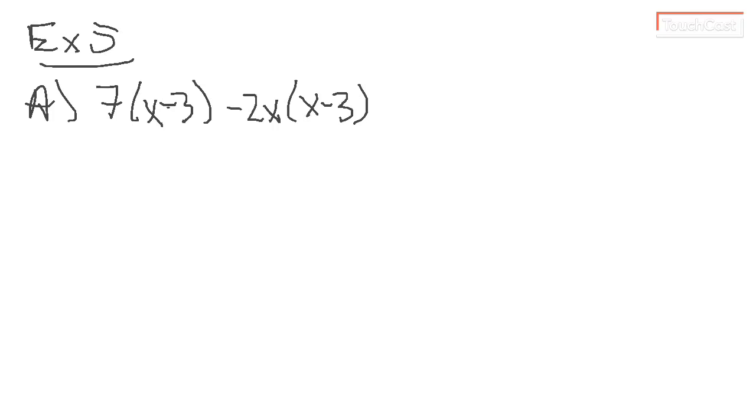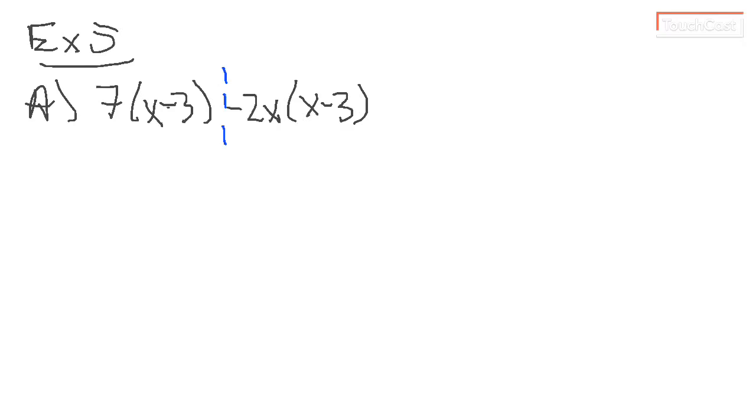Now, what we're going to do is we're just going to look. Do the two terms, and remember, terms are broken up by a plus sign or a minus sign. So if we put a line down the center through this, do the two halves have something in common?